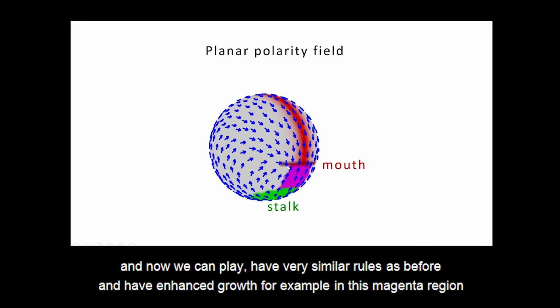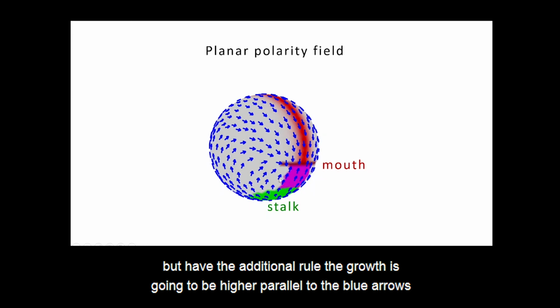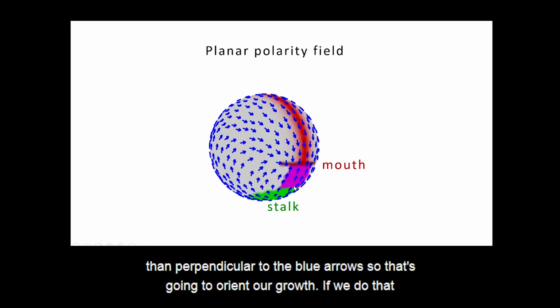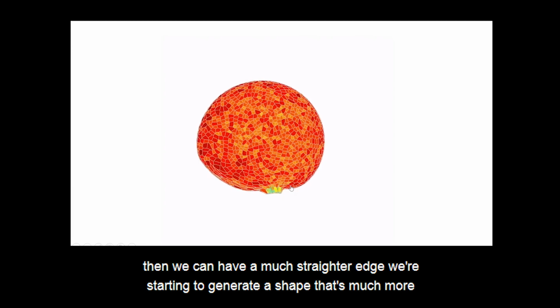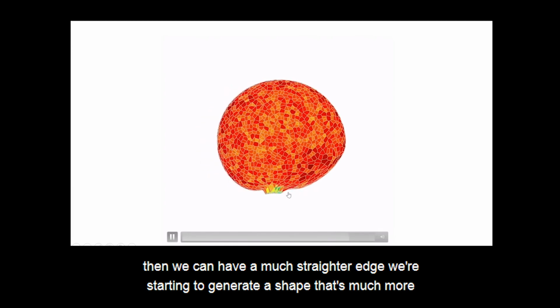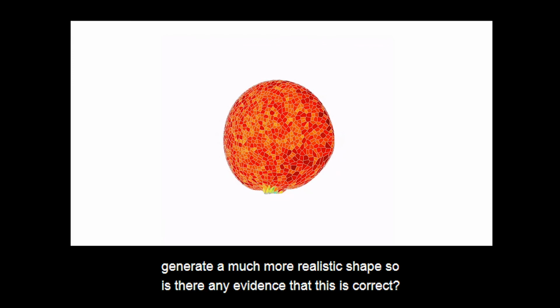And now we can have very similar rules as before, enhance growth, for example, in this magenta region, but have the additional rule that growth is going to be higher parallel to the blue arrows than perpendicular to the blue arrows. So that's going to orient our growth. Okay, if we do that, then we can have a much straighter edge. We're starting to generate a shape that's much more like the trap. So just by playing with polarity and having this anisotropic growth, we can now generate a much more realistic shape.